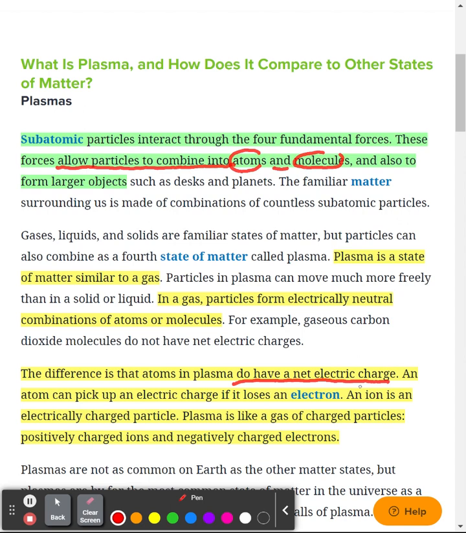And this is going to be a combination of things. It's going to consist of positive ions, both positively charged ions.